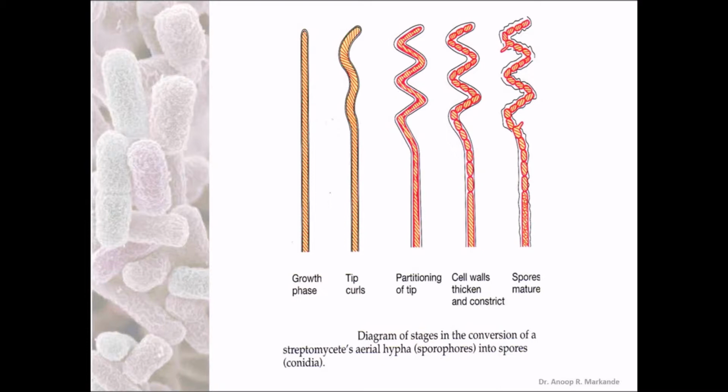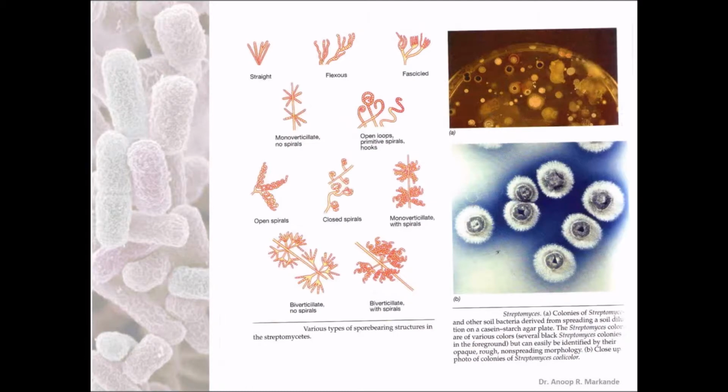These partitions thicken and form the conidia or the spores. On the basis of different types of spores, and the way they form the spores, they are considered to be different species of the organism.